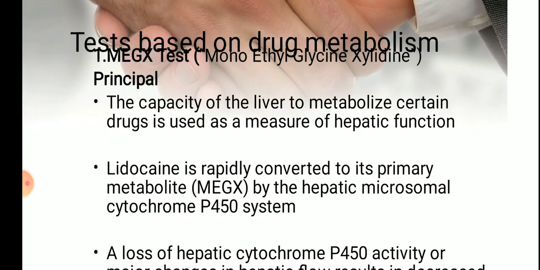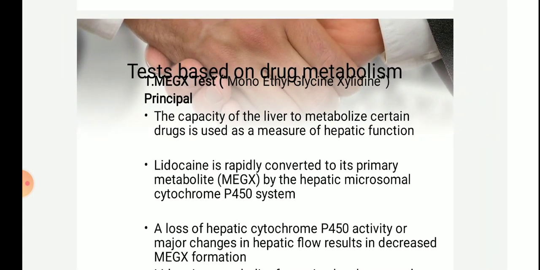Now a test based on drug metabolism, that is monoethylglycinexylidide (MEGX). The principle: the capacity of the liver to metabolize certain drugs is used as a measure of hepatic function. How efficient is the patient's liver at metabolizing these drugs? This determines its basic activity or liver function ability.